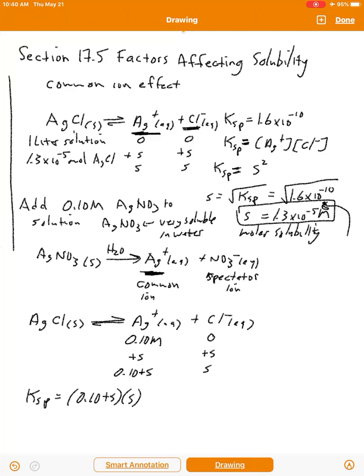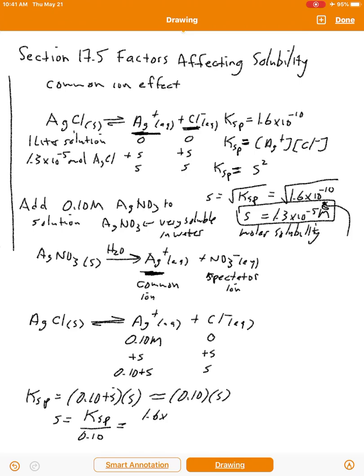So we can simplify this as 0.10 times S. We don't need to worry about this S, it's too small compared to 0.10. So S is just KSP over 0.10.